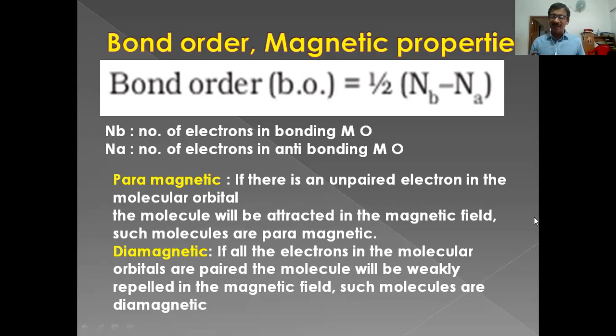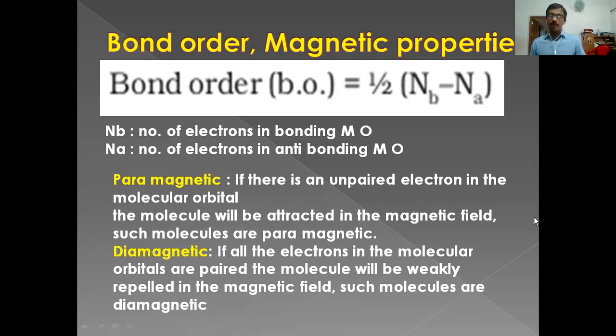Now what is diamagnetic? If there is no unpaired electron, or if all the electrons are paired, then the substance has diamagnetic property. What is diamagnetic property? It will be weakly repelled in the magnetic field.